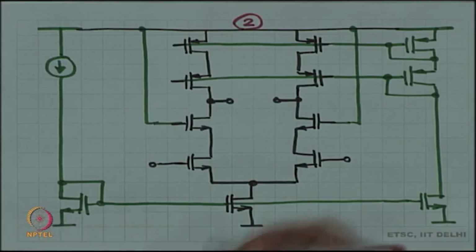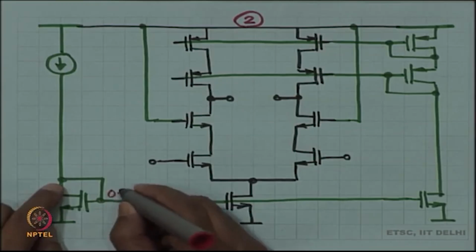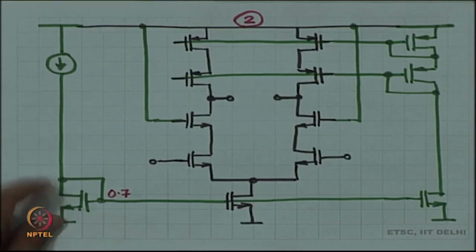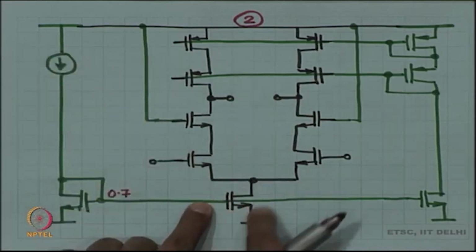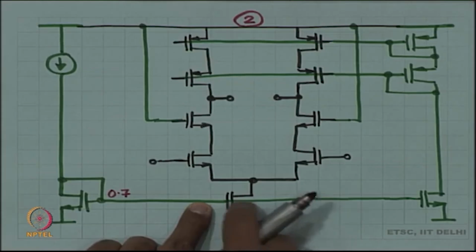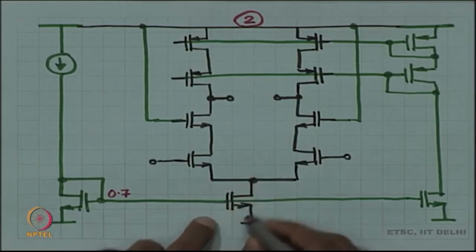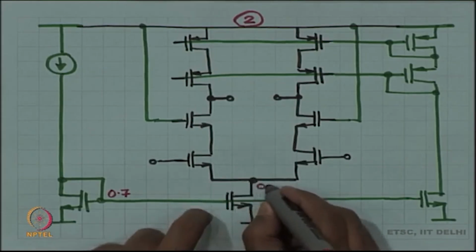Okay. So, for my given current source, I would like this node to be at 0.7, all right. So, I am going to size this device such that this node is 0.7, 0.5 plus 0.2 of VGST. This device will require 0.2 volts of VGST which means that to place this nicely in saturation, the minimum voltage here is 0.2.